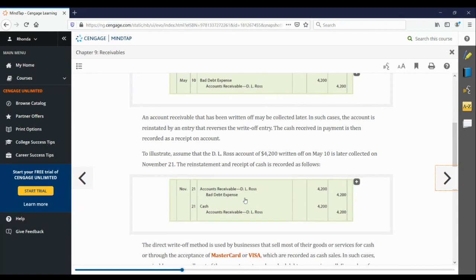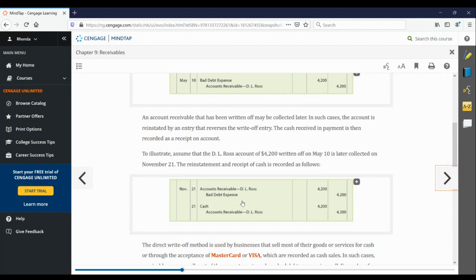The first journal entry has to reestablish that accounts receivable and put it back on our books. If you'll notice, it's exactly opposite of our write-off entry. So what we would do is we would debit accounts receivable and credit our bad debt expense for $4,200. We have to put the accounts receivable back on our books by debiting it, and then we have to just pretend like that bad debt expense never happened.